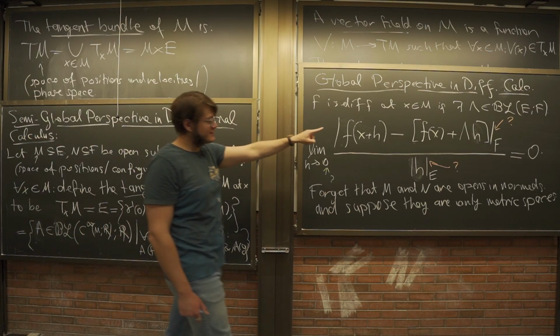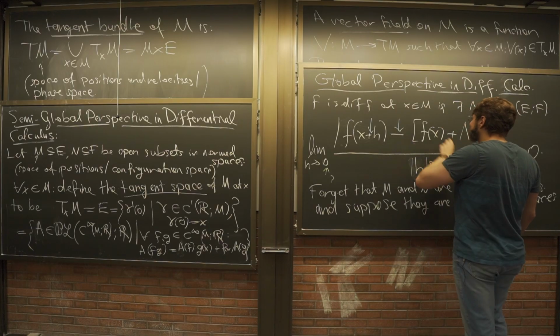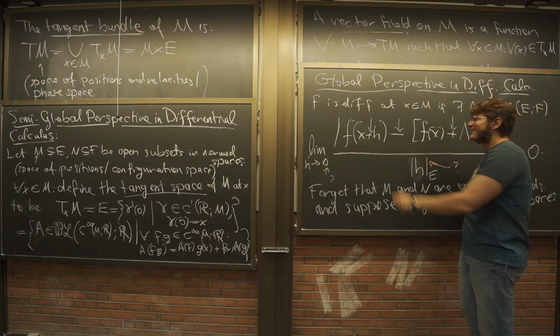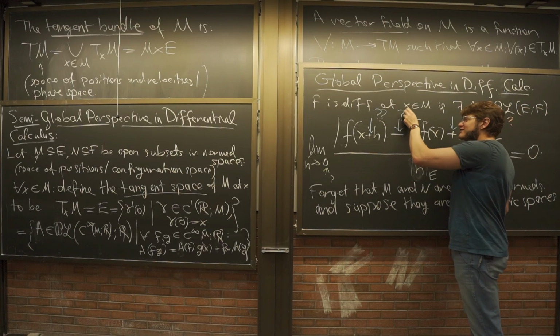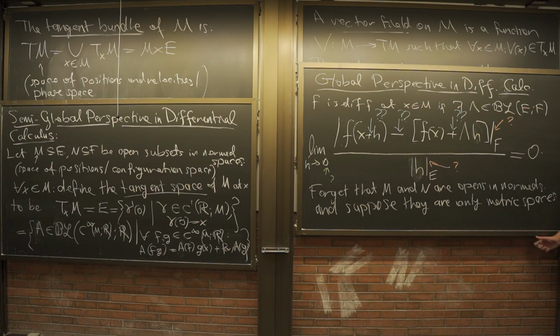It's the plus and minus. This is the main thing. Okay? Does this make sense? In a metric space, you cannot add things. Adding, subtracting, these are vector things.